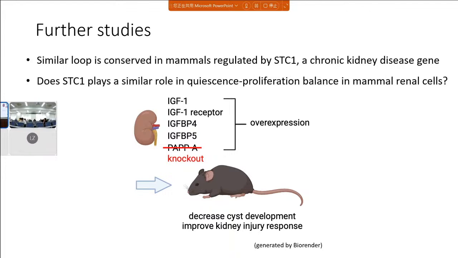So, if the first study allows us to understand more about this pathway and all of the mechanism about the quiescence proliferation balance, not only in zebrafish, but also in mammal renal cells, it may also provide some possible treatments for renal disease. Yeah. Thank you.